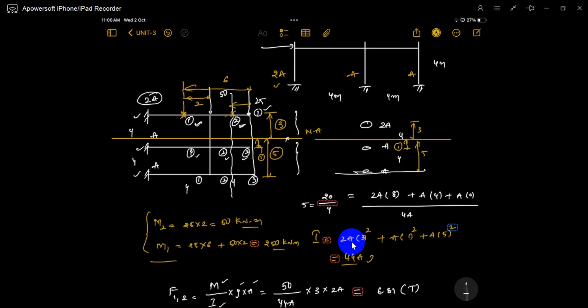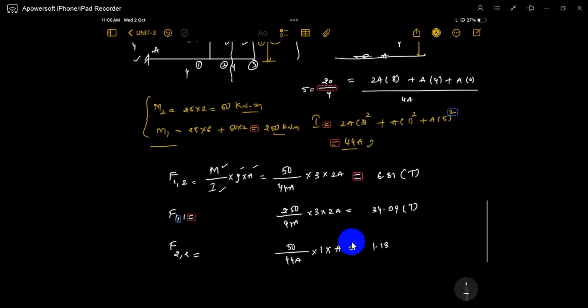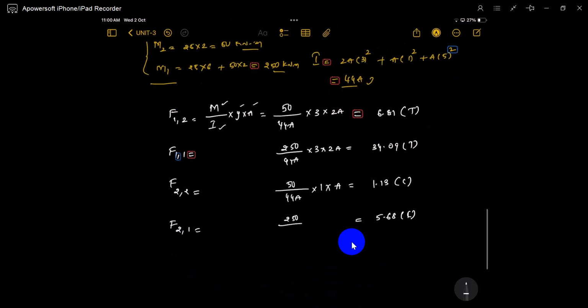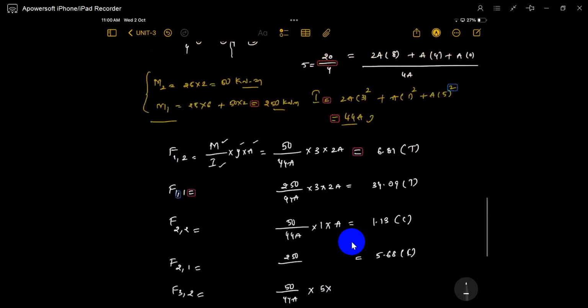So this is compression. For the second column, first story, only the moment changes, the remaining doesn't change. It's 5 times. For the third column, second story, 50 divided by 4A, distance is 5 meters, area is A, it comes to 5.68.